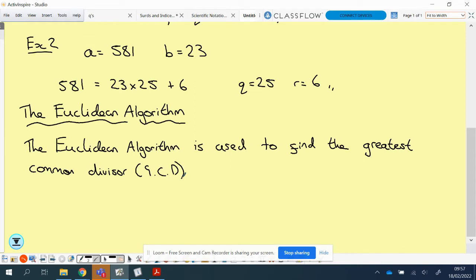You might have heard that terminology used. Greatest common divisor, highest common factor, same thing, of two or more positive integers where this cannot be done simply.